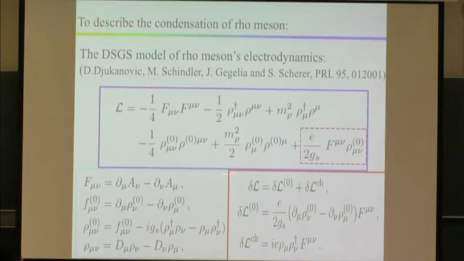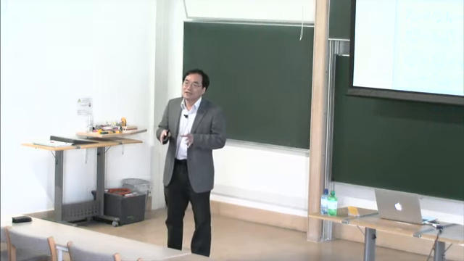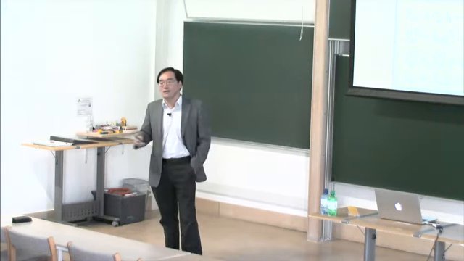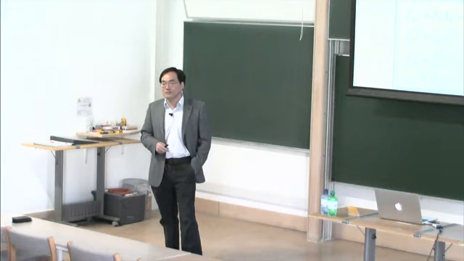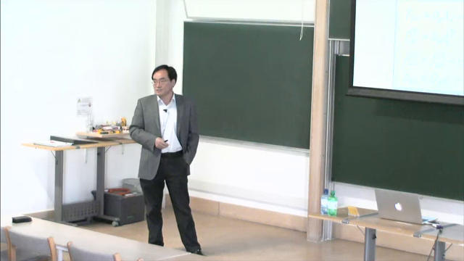Particularly, there exists the non-minimal coupling term, this term. This term can be decomposed into two parts. Actually, this term describes the magnetic moment of the rho meson coupled to the background magnetic fields. This term plays the crucial role for the rho meson condensation.